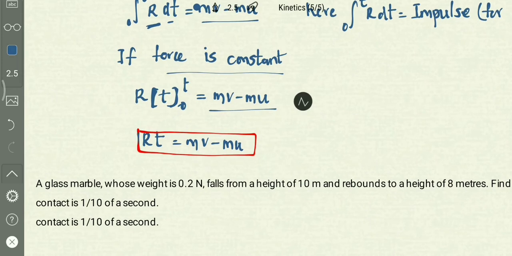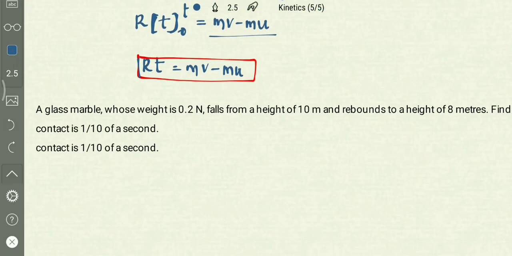This is the impulse momentum equation. RT is equal to mv minus mu is the impulse momentum equation. Here RT is impulse and this is change of momentum.